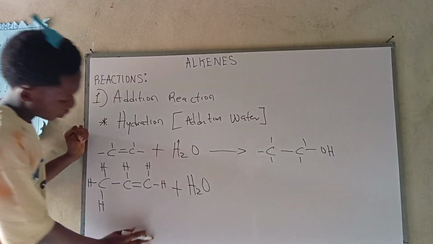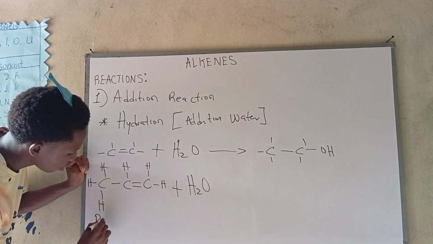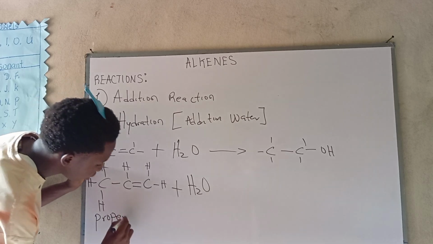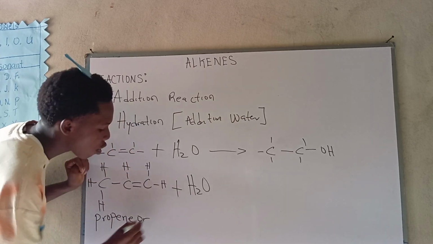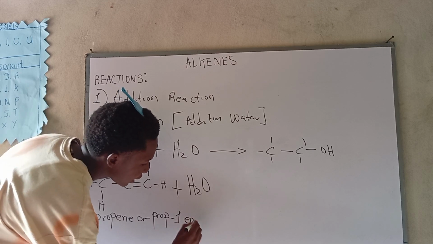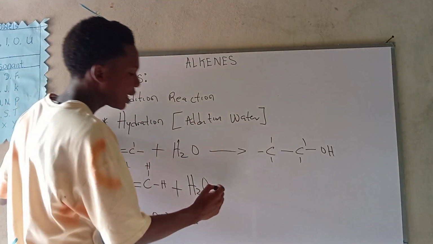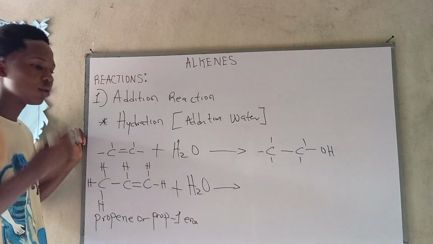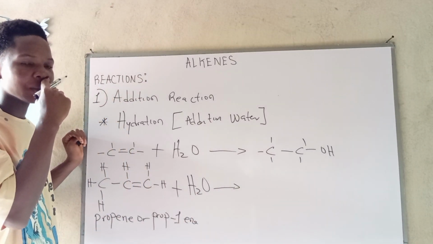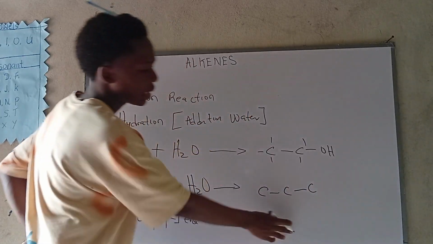Now, this propene can also be called prop-1-ene, because of the position of the double bond. If we react this, what is it going to give us? It's going to give us a propanol. So we are going to draw it like this: 1, 2, 3, our 3 carbons.